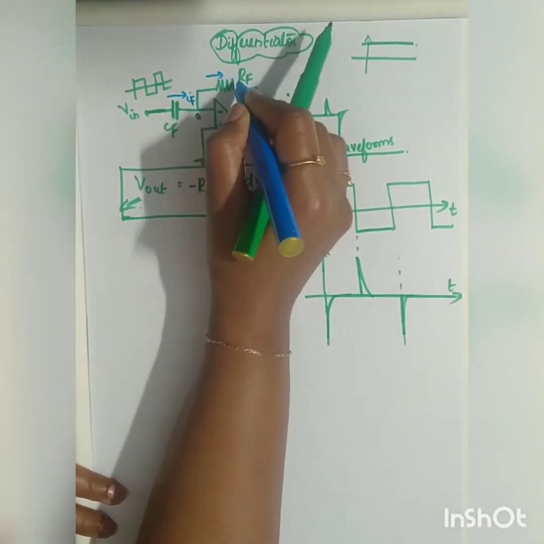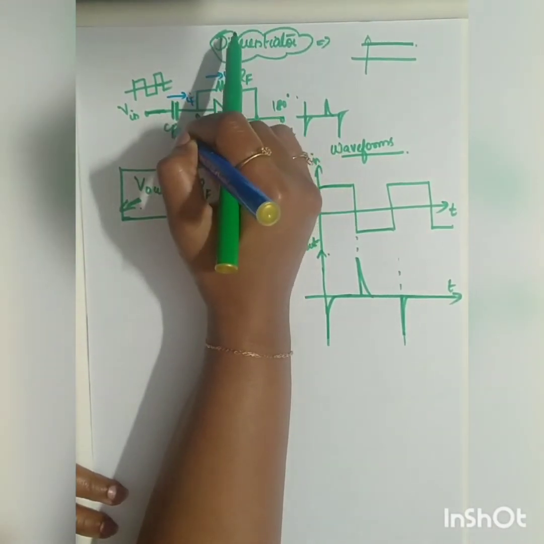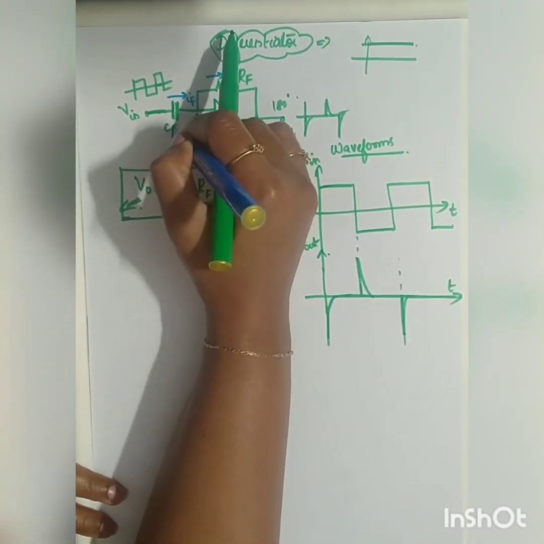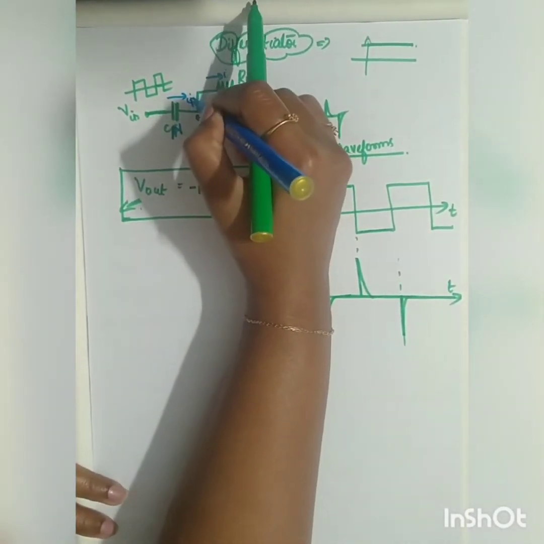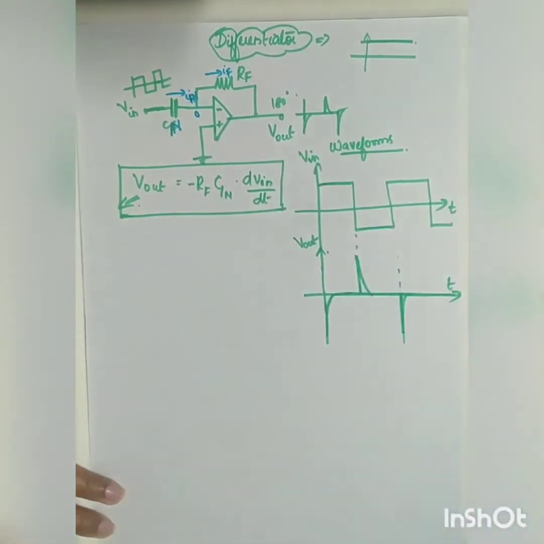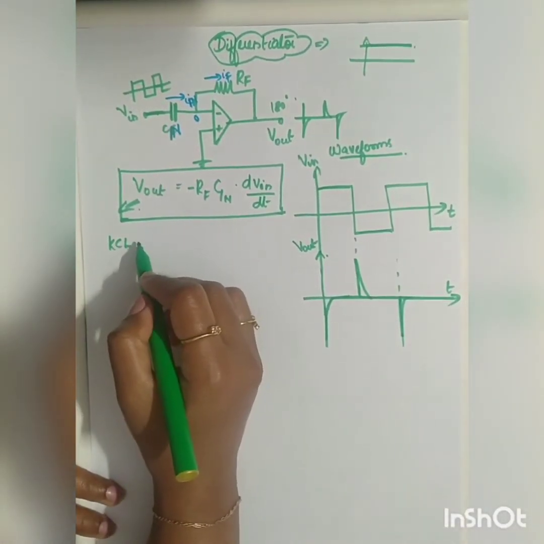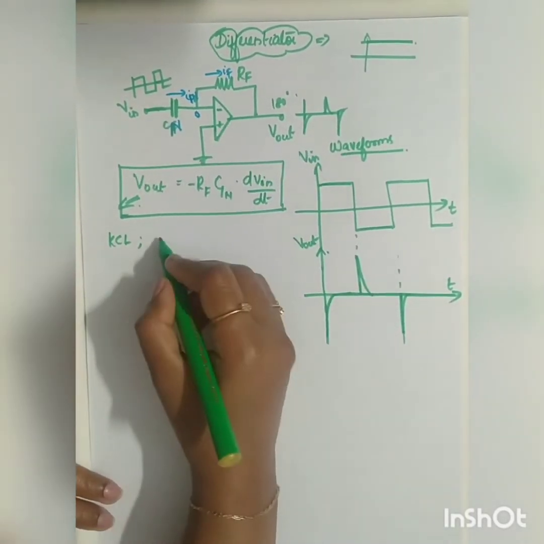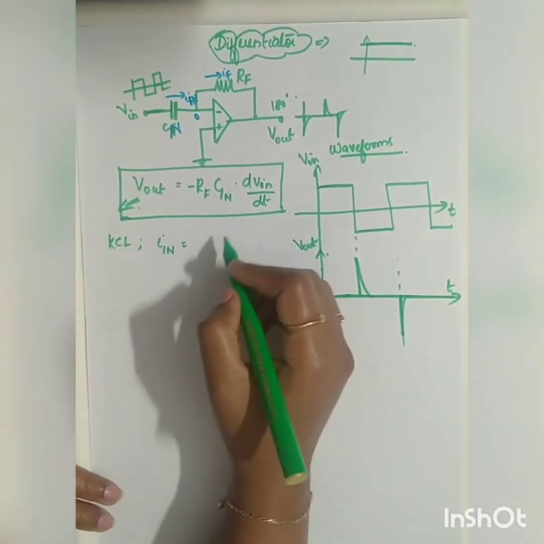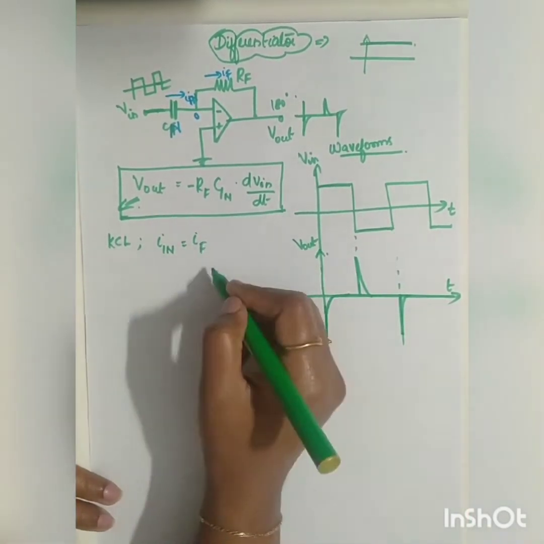Let me take this capacitor as, it is not CF, it is C in. Let me take the current as I in and this as IF. Apply Kirchhoff's current law at the node: current flowing towards is equal to current flowing away. I in is equal to IF.